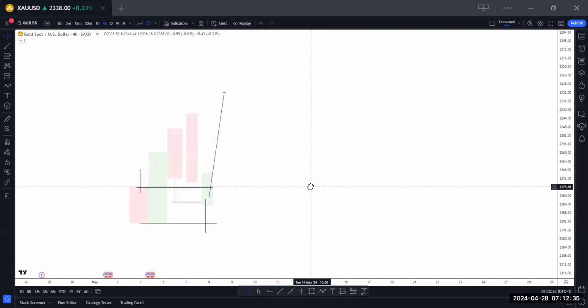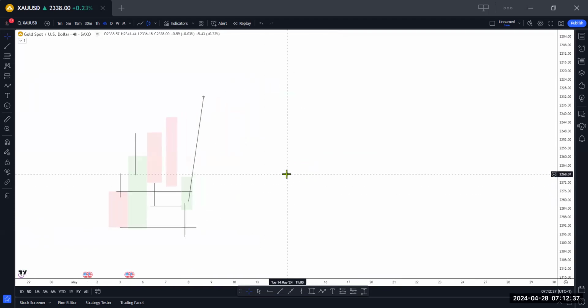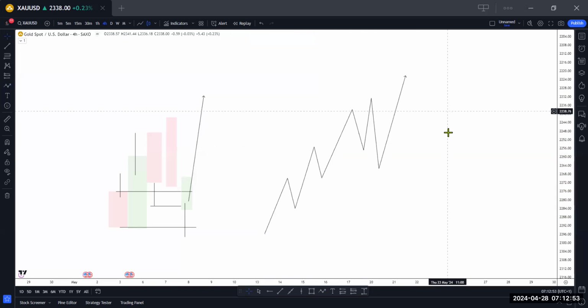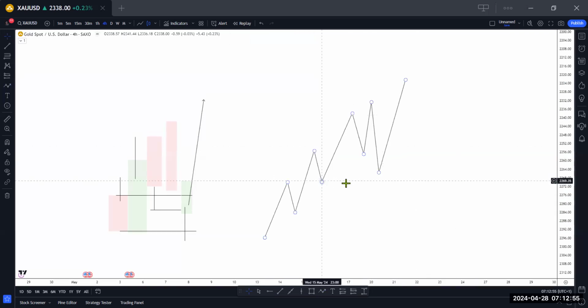Now I would explain this miss in a much better way. So now assuming this SNR, this engulfing, structure-wise we have something like this: one, two, bam, bam, bam, bam. Where would you consider to be a miss?